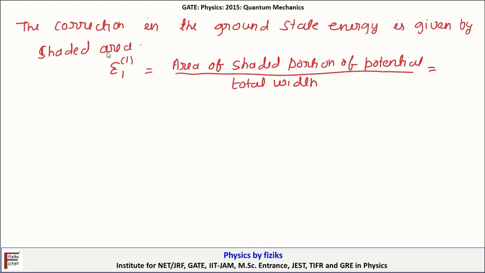That is, the area of the shaded potential would be V0 L by 2, and the total width will be L. So this correction term would be V0 by 2.